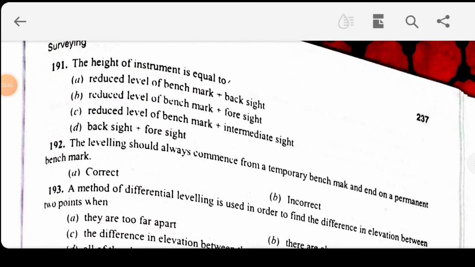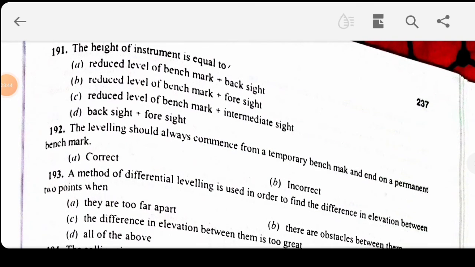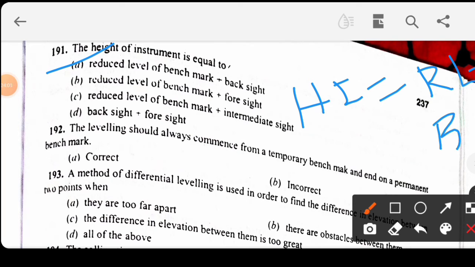Correct answer A. HI equal to RL plus BS, backside. RL plus BS equal to HI, or HI equal to RL plus BS.